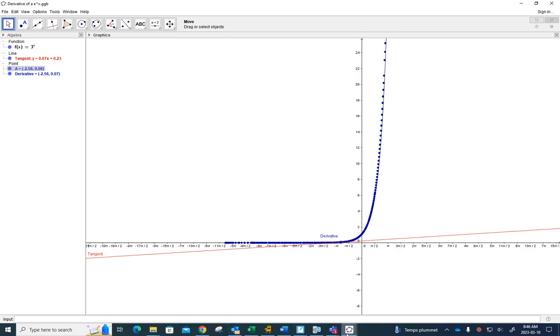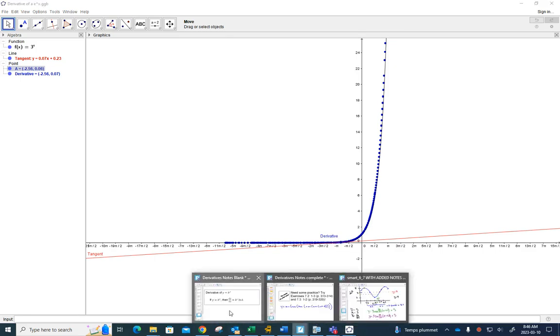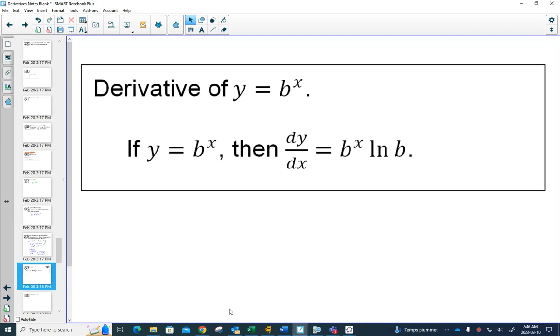And so the derivatives of every other power become almost the same, just off by a little bit, and the little bit that they're off by is the natural log of b.